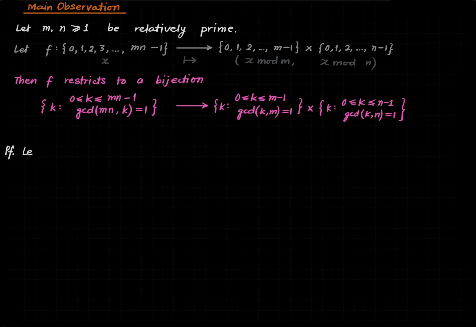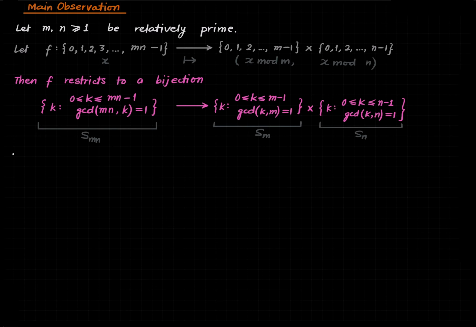So for the first direction, suppose we pick something in the first set, and let me give it some notation because otherwise there will be too much writing. So this we will call, let me call this S_mn. This I will call S_m. And this I will call S_n.